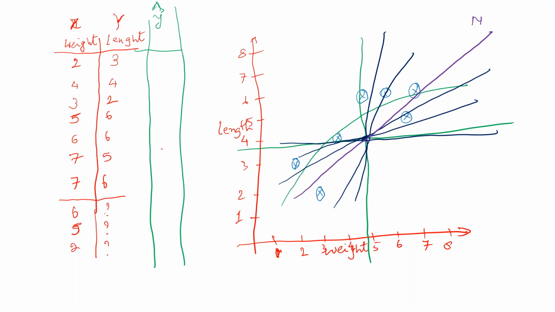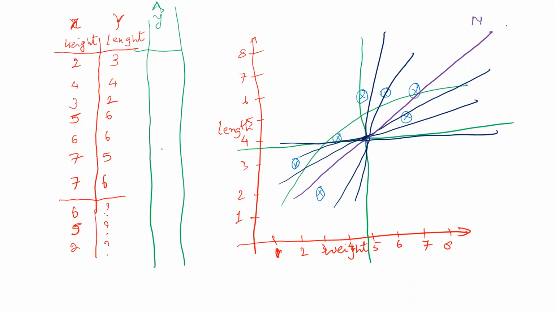There are a lot of lines possible, but for this purple line the sum of squared errors for this data is the minimum. So it has stopped there and told us, this is your model.